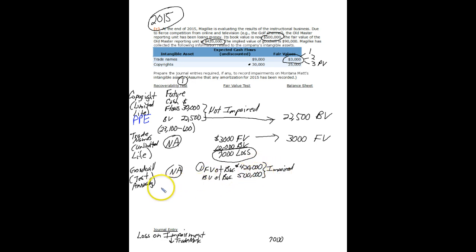So the second thing we're going to look at then is to try to identify the implied value of the goodwill. They do give it to us, $90,000, but I actually want to show you how they could arrive at that. So we have the fair value of the business.